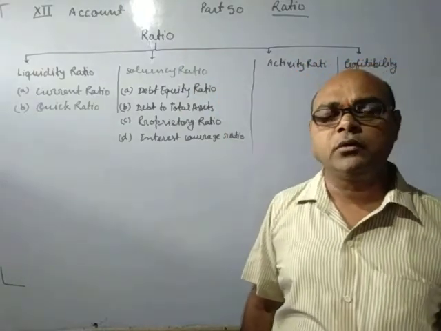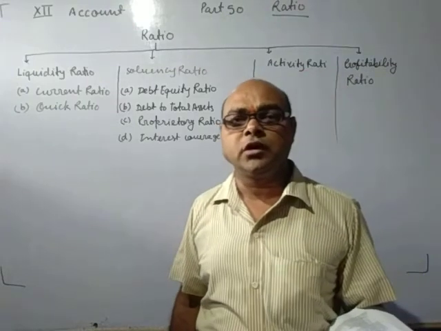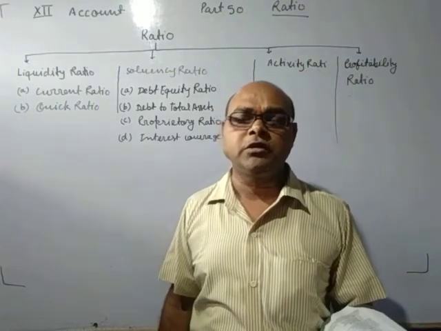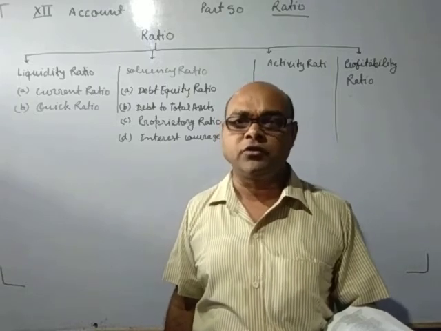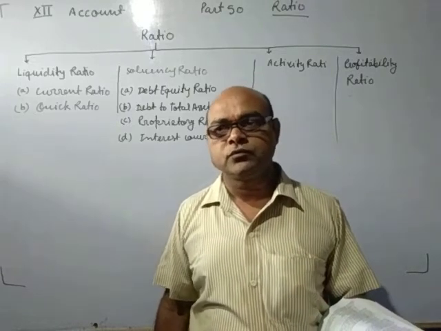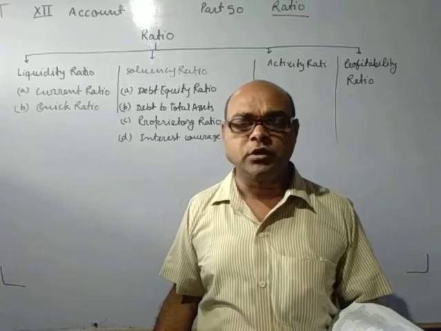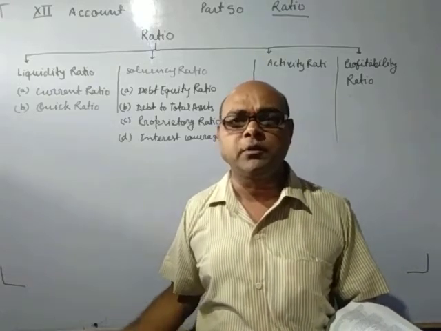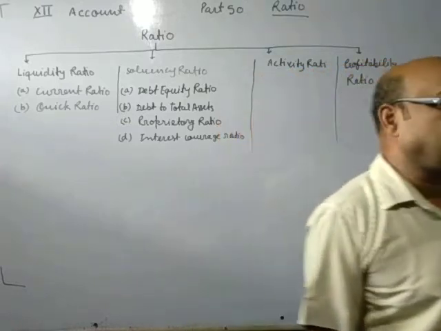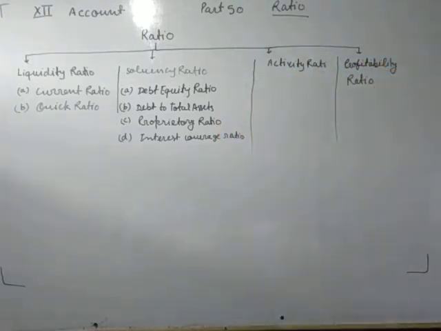What is the ratio? The relationship between two terms is called the ratio. If you take one term from the trading or P&L and the other term from the balance sheet, it is called a mixed ratio.